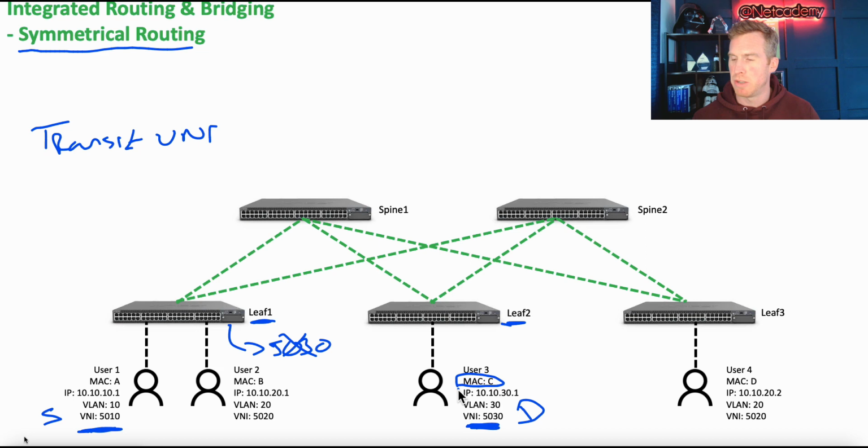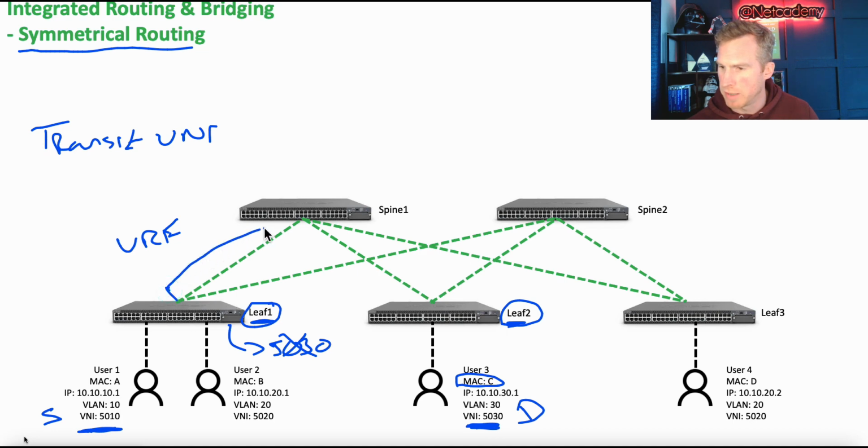And this is where symmetrical routing solves those problems. What we actually have in symmetrical routing is this transit VNI, which is basically a different VRF, a virtual routing and forwarding instance, to go from the source VTEP leaf 1 to the destination VTEP leaf 2.